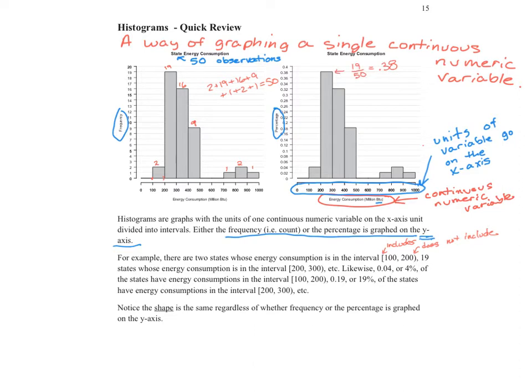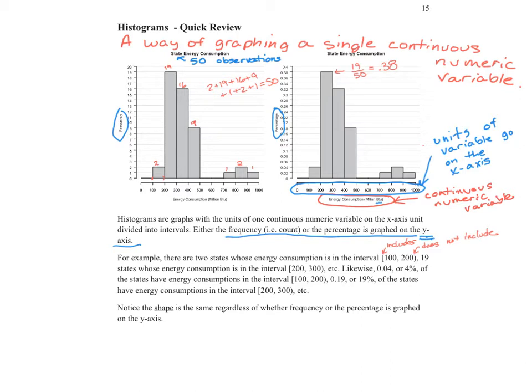And that's coming from 19 total observations, like we saw on the first graph, divided by 50 total observations in the data set. And if you punch that on your calculator, you'll get 0.38, which equals 38%.